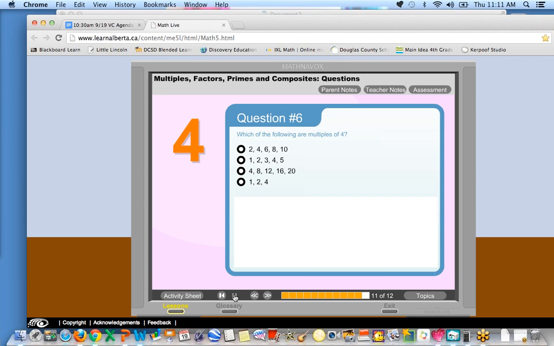Multiples of 4. So think multiply. 4 times 1, 4 times 2, 4 times 3. Think of this as answer A, B, C, or D. Which one do you think is the best choice? Multiples of 4. So 4 times 1, 4 times 2, 4 times 3, 4 times 4.